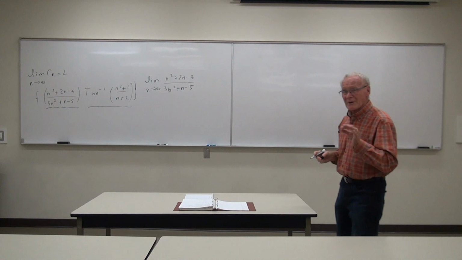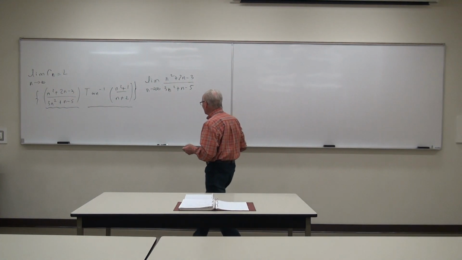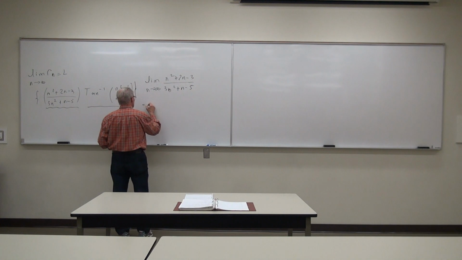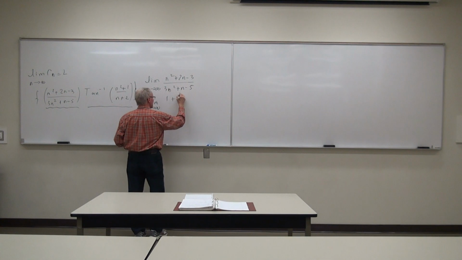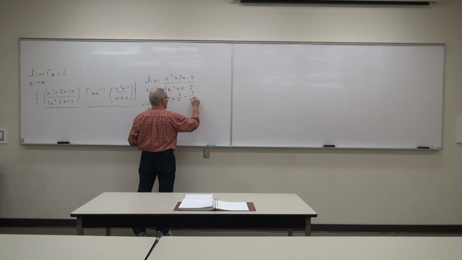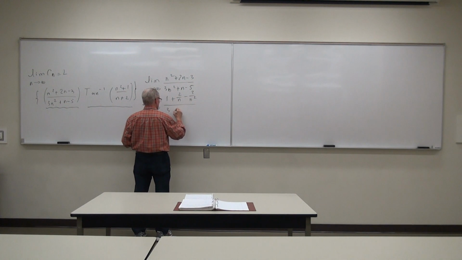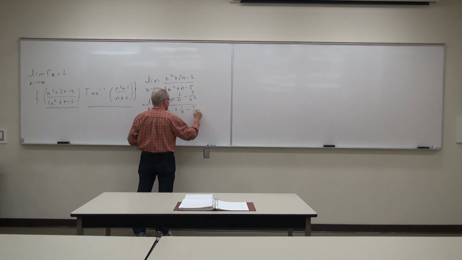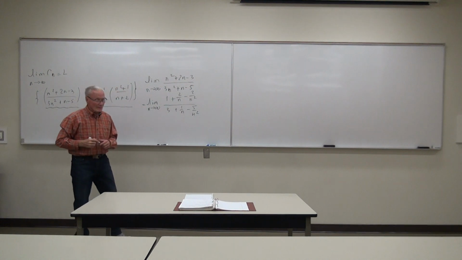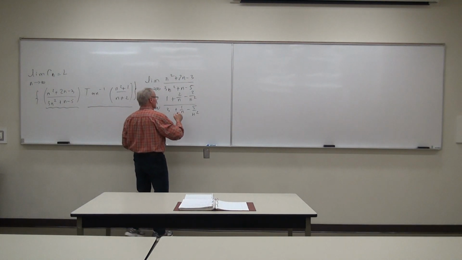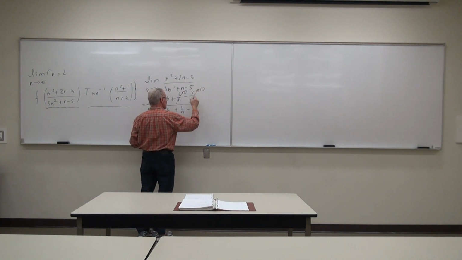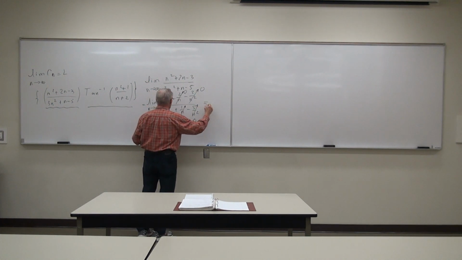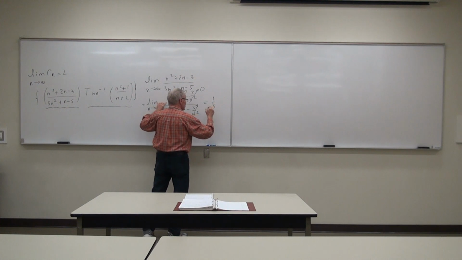And you learned then, we saw that same thing happening last day, if you divide top and bottom by n squared, you get 1 plus 3 over n minus 3 over n squared, over 3 plus 1 over n minus 5 over n squared. And now the limit becomes transparent. As n goes to infinity, that goes to 0, that goes to 0, that goes to 0, that goes to 0. And all you're left with then is an answer of 1/3.